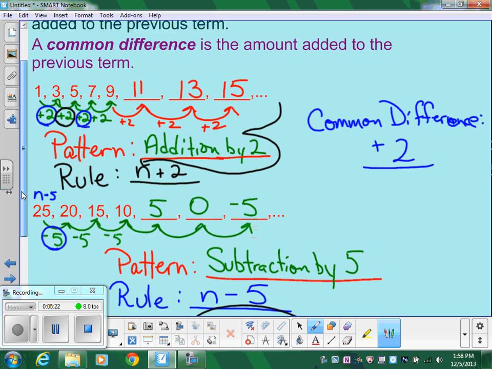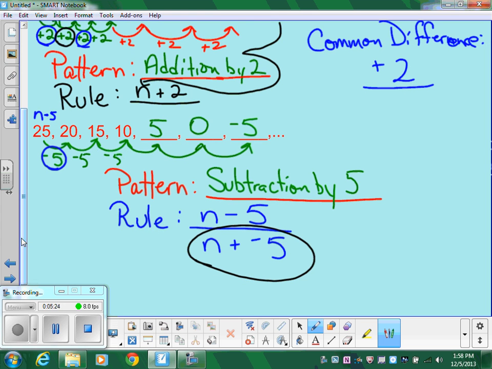If we look at our second example, take a look at what fixed amount is added to each of the previous terms to get the next term. And in this case, you can see it right here.